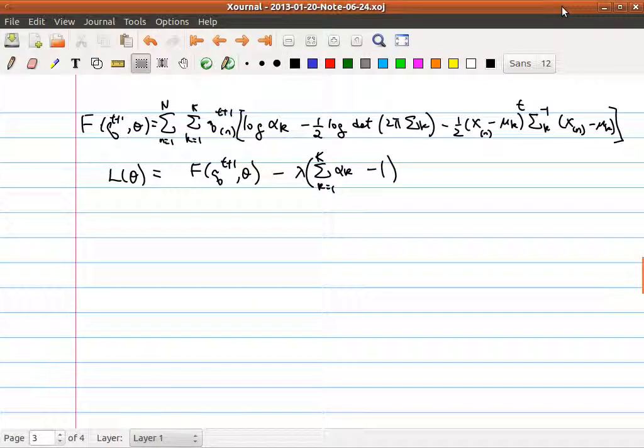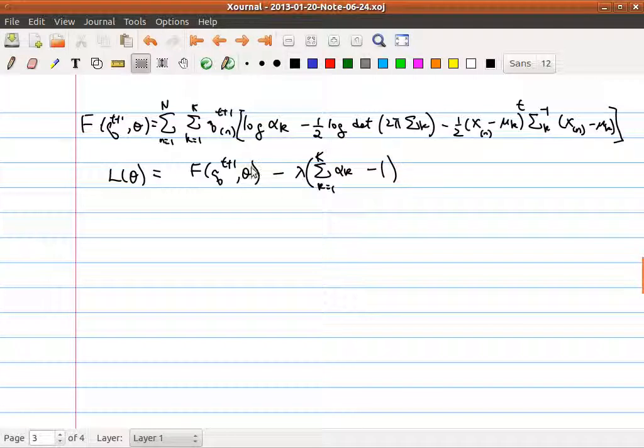Okay, let's continue to look at how to update sigma k. So for sigma k, again, I try to optimize the objective function L with respect to sigma k. So I just take the partial derivative of this whole thing with respect to sigma k, but the second term doesn't have anything to do with sigma k.